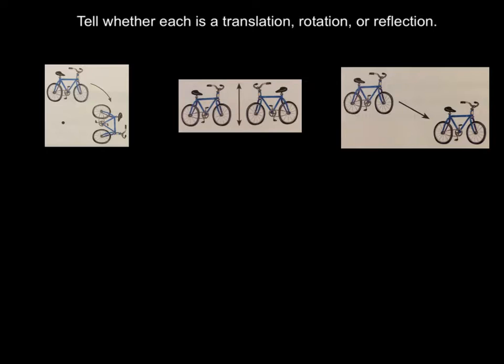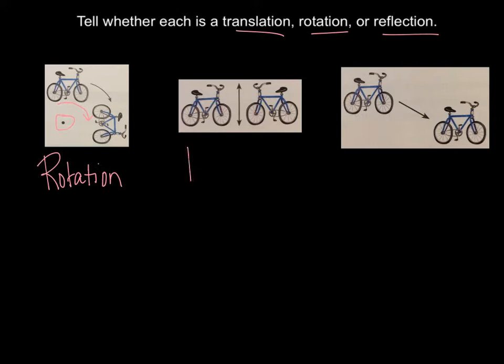All right, so let's look at some pictures, some examples. We have to say whether each is a translation, rotation, or reflection. Now this one we can see our point. We can see that the bike rotated. So this is a rotation. Here we can see the bike flipped over a line of reflection.